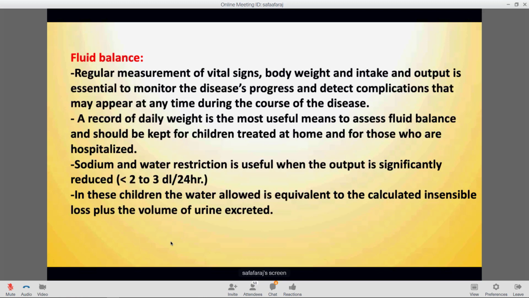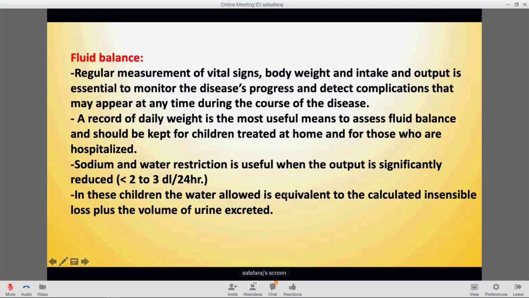Record of daily weight is the most useful means to assess fluid balance and should be kept for children treated at home and for those who are hospitalized. Even if the patient is treated at home, we will advise the family to measure daily body weight by the same person and the same equipment, so that there are no differences.